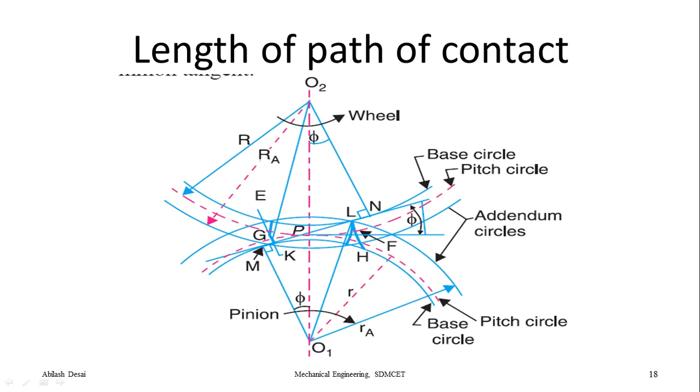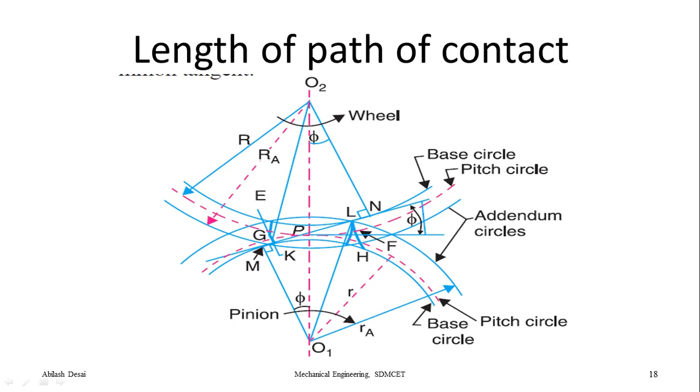First, let us understand the dimensions shown here. Small r is the radius of the pitch circle for the pinion, shown at the bottom side.